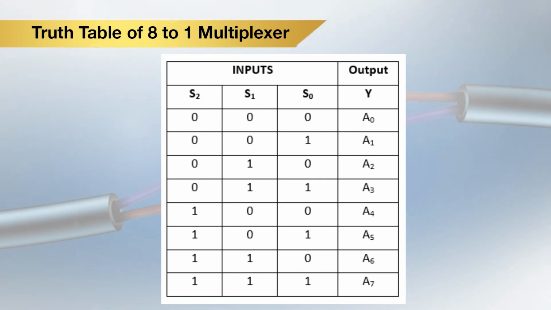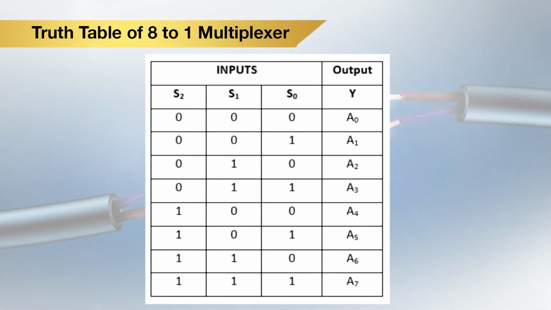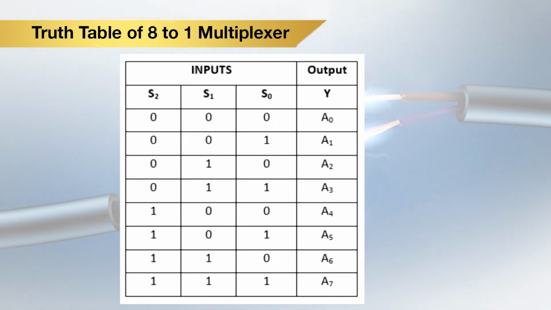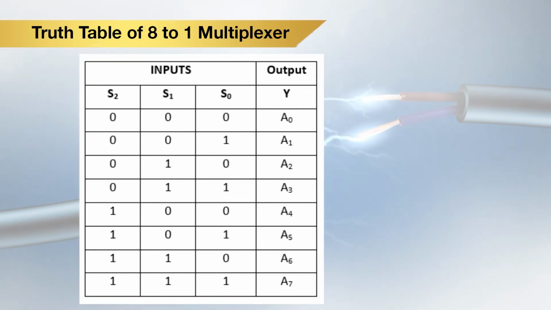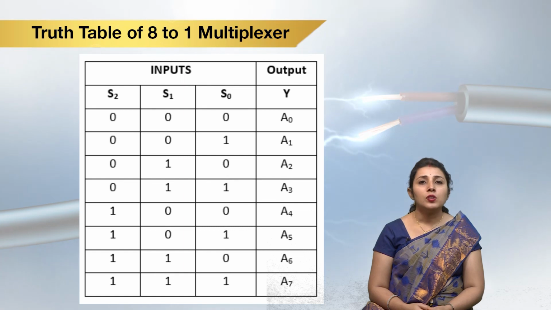Suppose 0, 0, 0 is present at S2, S1 and S0, then A0 will be given to the output. If 0, 0, 1 is present, A1 will be given at the output. Similarly, up to A7.